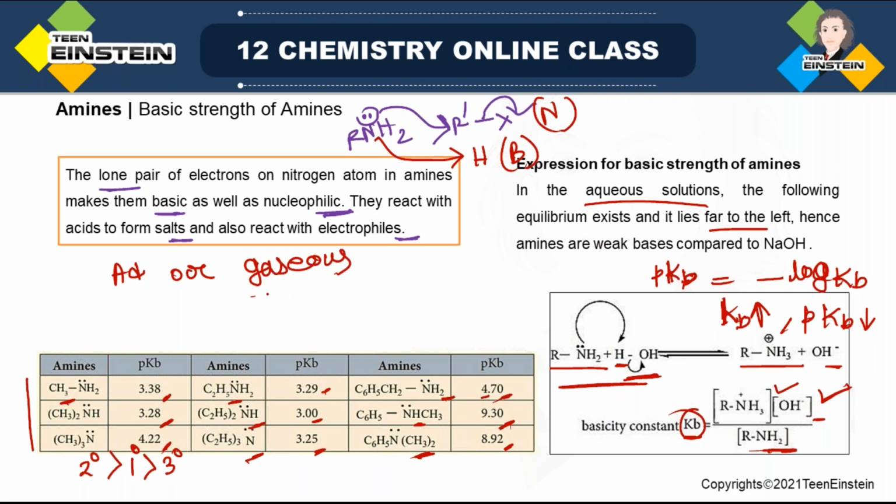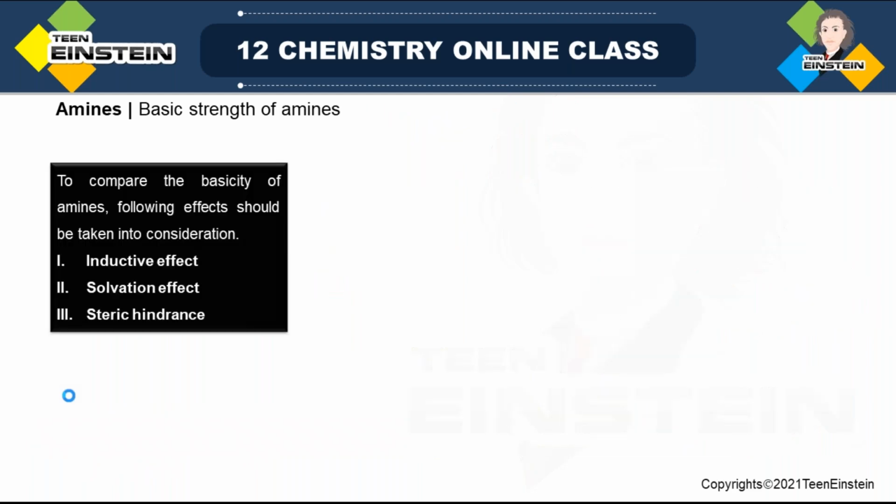Because in gaseous phase, the solvent effect, or solvation effect, will not be present. But when it is aqueous, the solvent effect will be present. So in gaseous phase, no solvent effect. In aqueous, you have to consider the solvent effect or solvation effect. So one by one, we'll see these points.